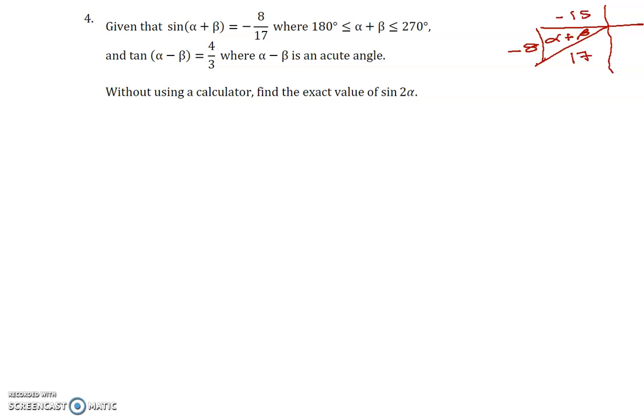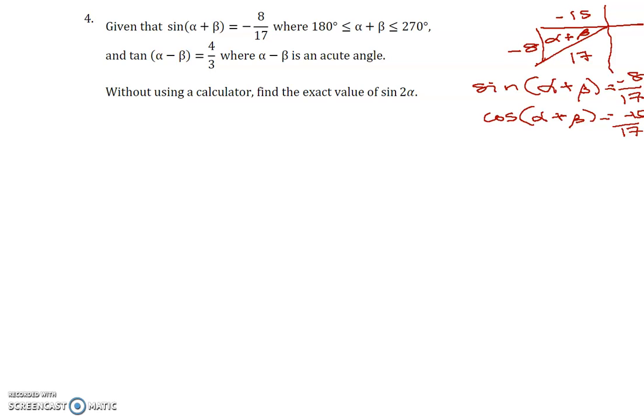You know how to get this using the Pythagorean theorem. From here, you can find sine of alpha plus beta, which is the given one, negative 8 over 17, and cos of alpha plus beta, which is negative 15 over 17.